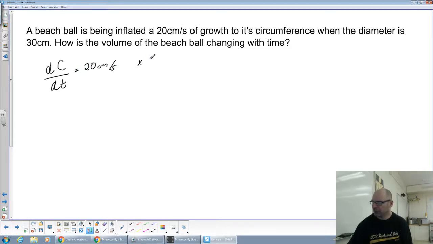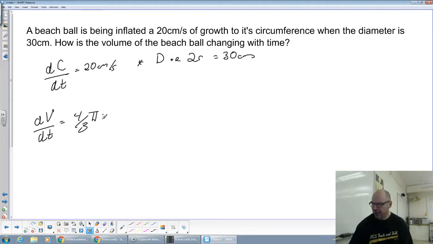And we know that d, or 2r, because the diameter is 2r, equals 30 centimeters. Okay? So we have to change, because volume is V equals 4/3 pi r cubed.